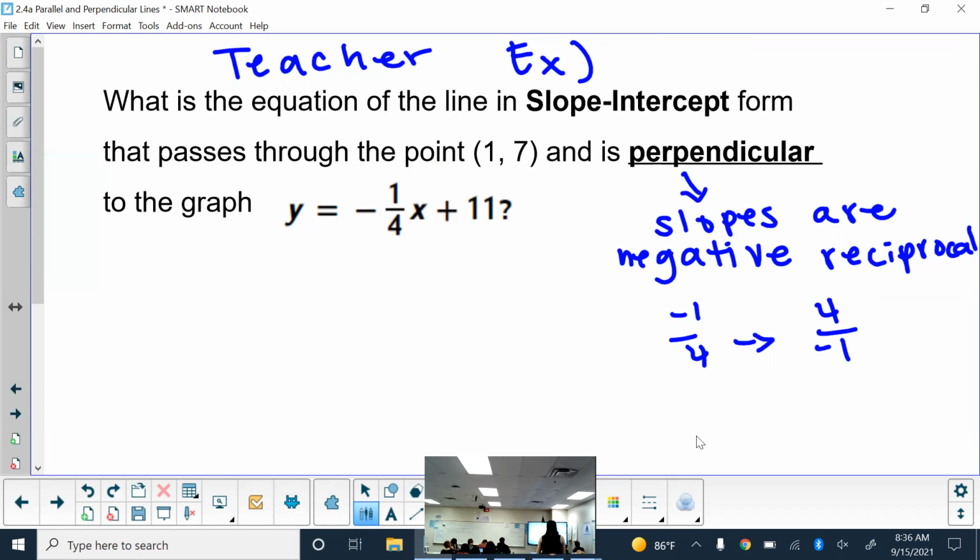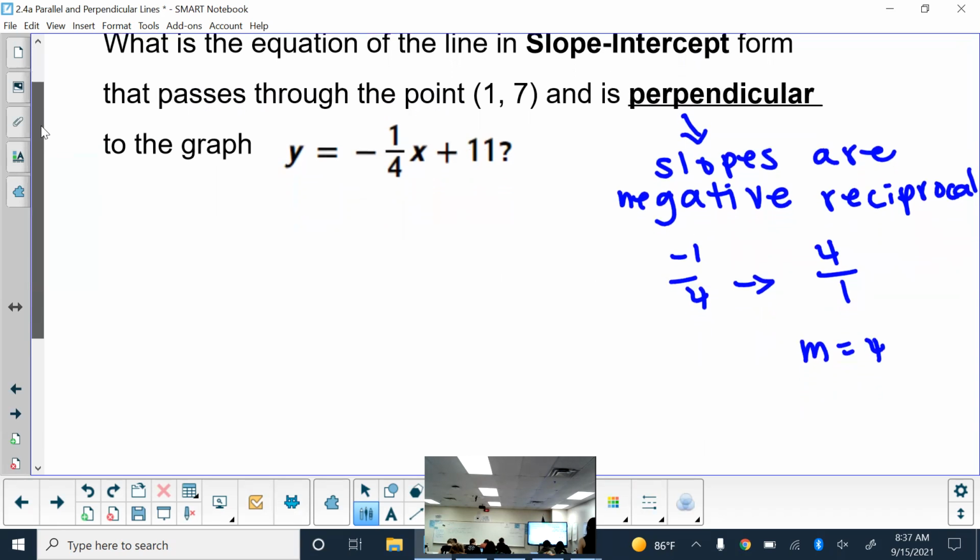So since it was negative before, my negative reciprocal is going to be positive. So you're just changing the sign. All right, so sorry if you wrote it in pen, just kind of scribble it out. These are negative reciprocals of each other. That makes sense? All right. So we know that m is going to be equal to 4 then, in our line that's perpendicular to this line. That would be the negative reciprocal. Questions so far?